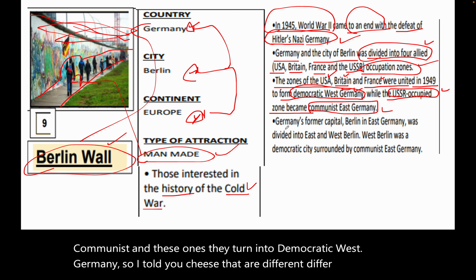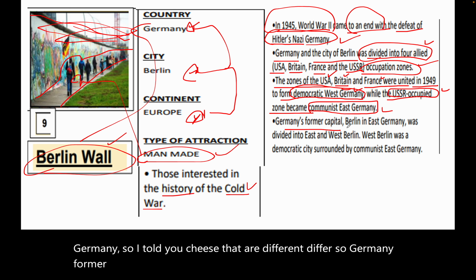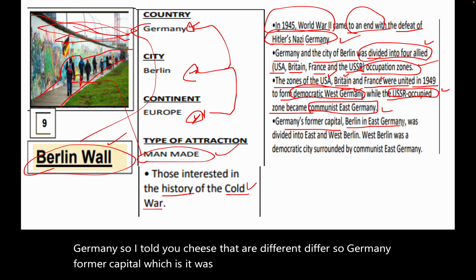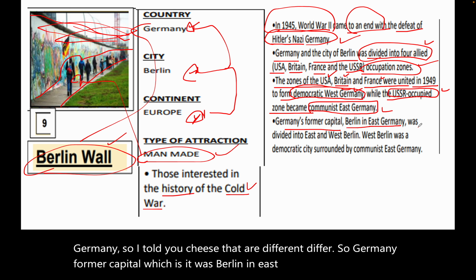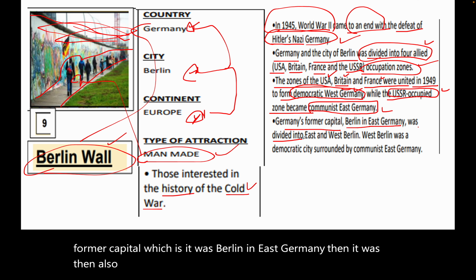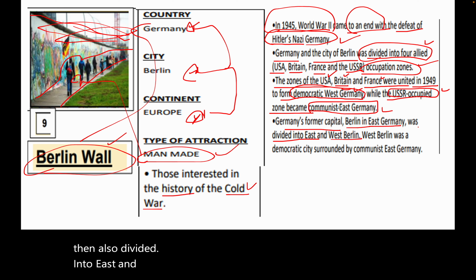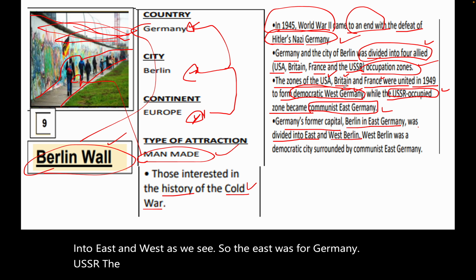Germany's former capital, Berlin, in East Germany, was then also divided into East and West, as we see. The East was for the USSR. The West was for these three: USA, Britain, and France.